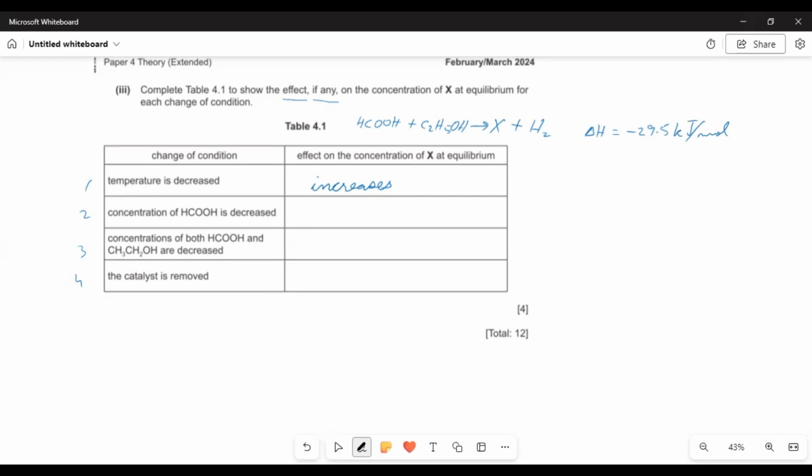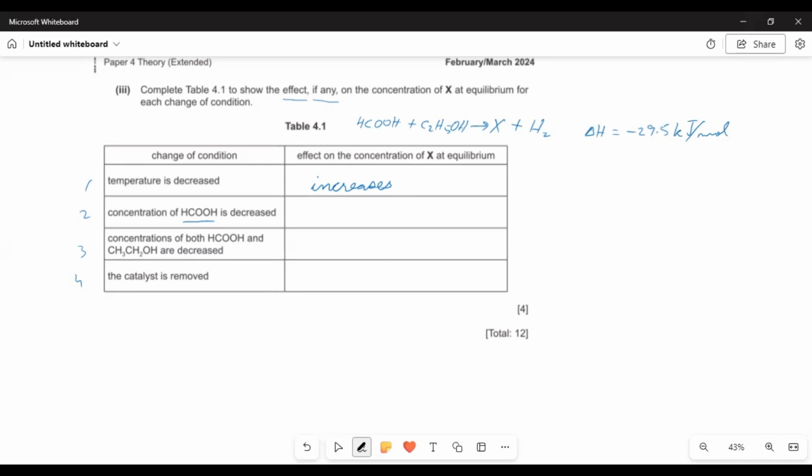Concentration of HCOOH, meaning formic acid, is decreased. So as much reactant is there, it goes in the forward direction and more product is formed.